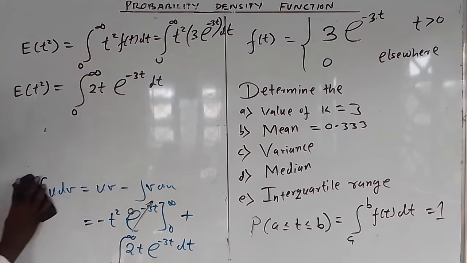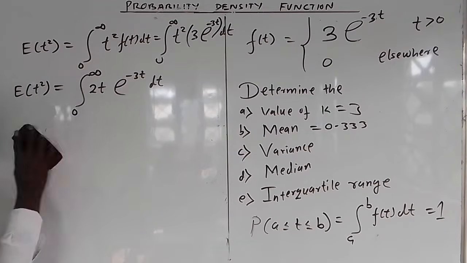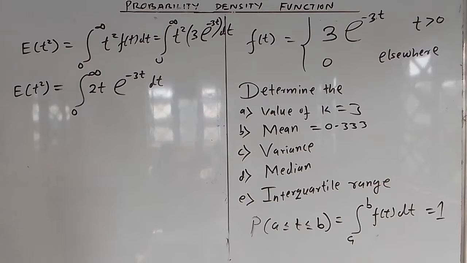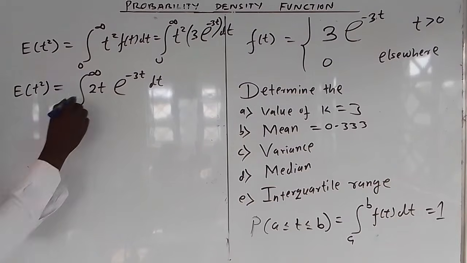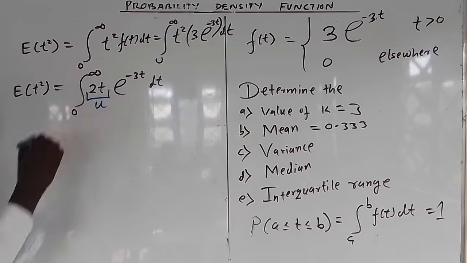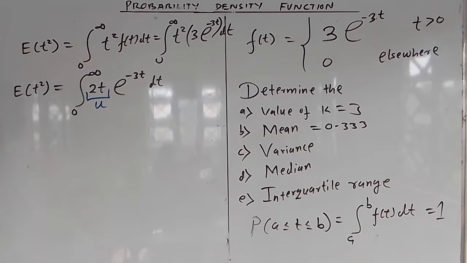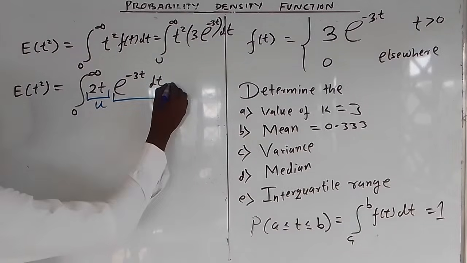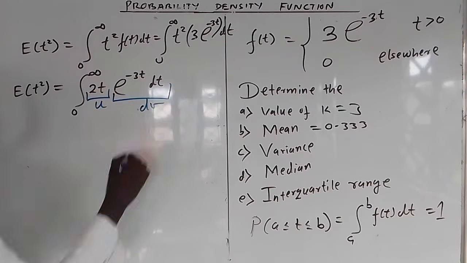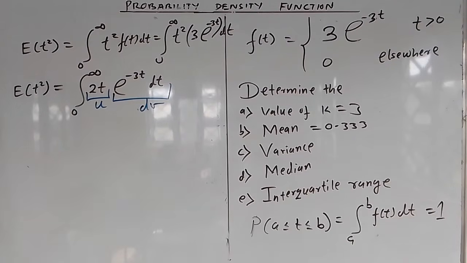Integration by parts again, isn't it? It is integration by parts again. So here you have 2t is u, isn't it? Then exponential negative 3t dt is dv. Are we together? Good.